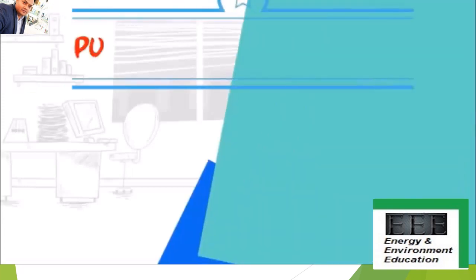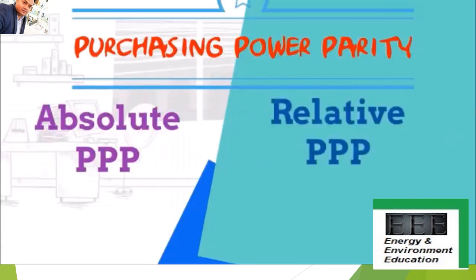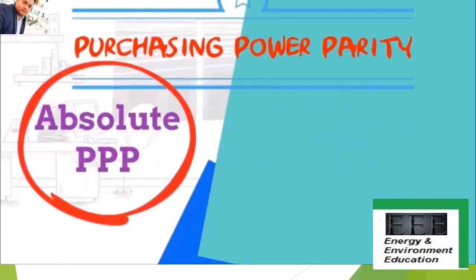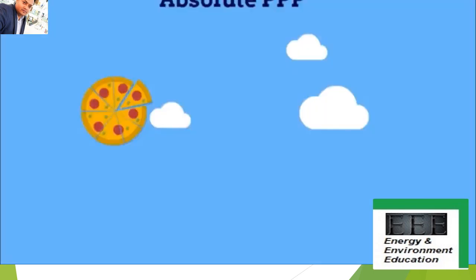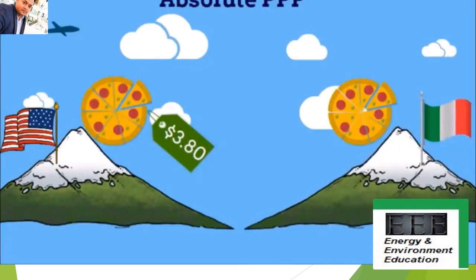There are two versions of purchasing power parity: one is absolute PPP and the other is relative PPP. Absolute PPP says that the same product in different countries should cost the same. So let's say that one pizza in the US costs $3.80 and the same pizza in Italy costs €3.45.